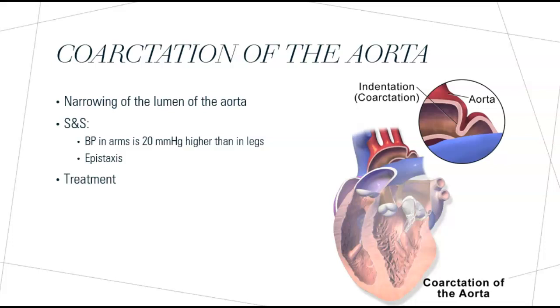Bounding pulses in the lower extremities, signs of heart failure, and leg cramping on exertion, and they might also have epistaxis. Treatment is going to be removal of the narrow portion of the aorta with anastomosis or a graft.